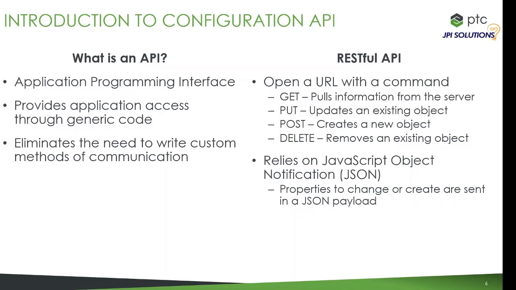And so these application APIs, in order to be useful and accessible, need to use common architectures and common protocols. The configuration API that we're going to talk about today, the one that is included with KepServerEX, relies on the RESTful architectural style, which is widely used on the web.